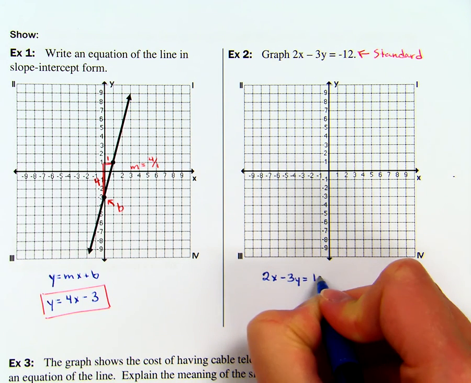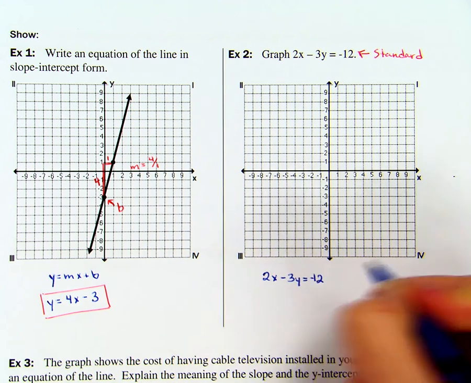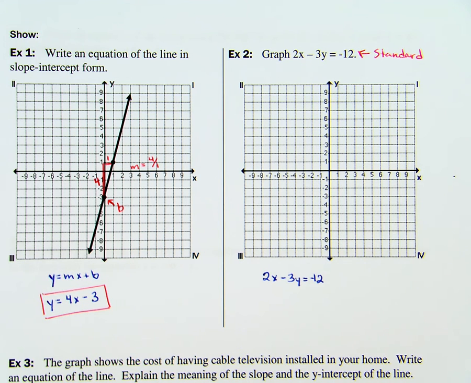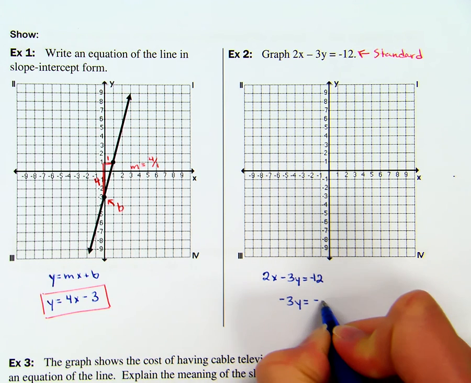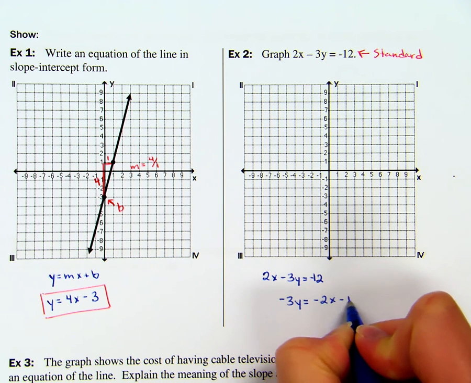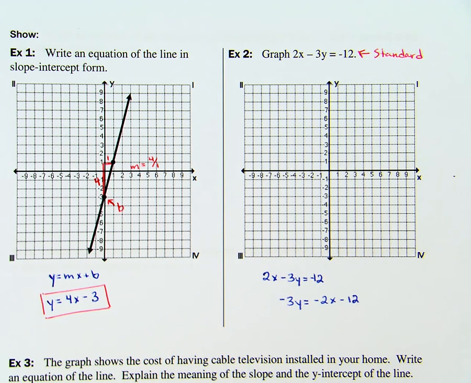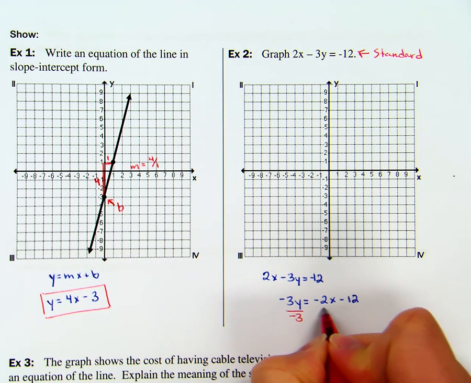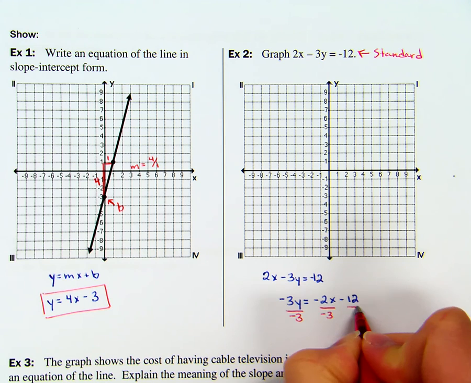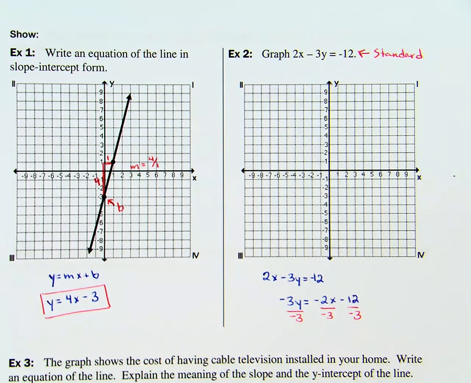In order to do this, we need to solve for y, meaning we need to get y by itself. So let's move the 2x to the other side by subtracting it. Next, we can divide by the -3. And be careful to divide on both sides completely.